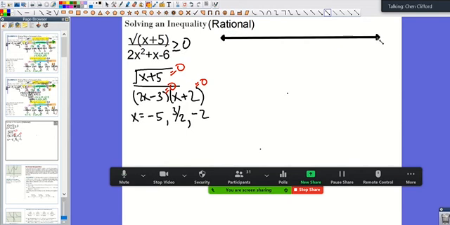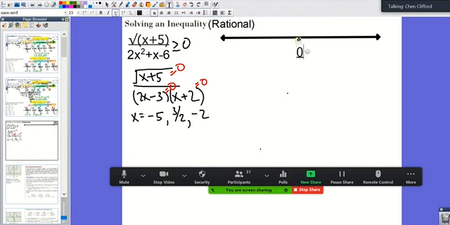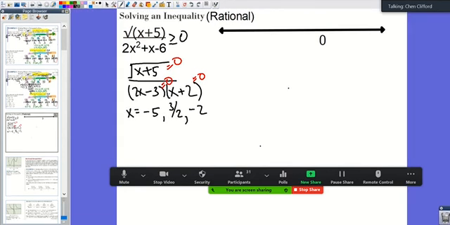I'm going to put 0 in the middle, a little bit to the right, and hopefully you'll see why in a little bit. 3 over 2 is roughly here. -2 and -5. Open circle, open circle, open circle.